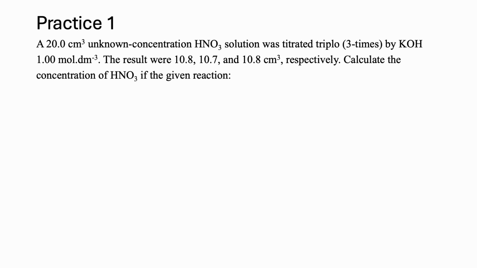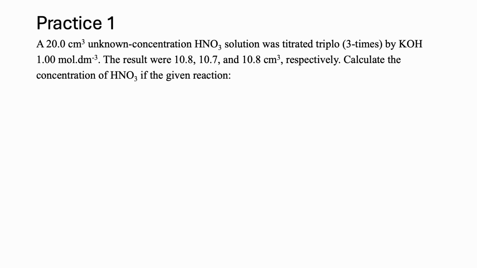Okay, let's do some practice. There is this question. If you want to do your practice, pause the video, do the question, and then let's see if your answer matches the answer to this question.